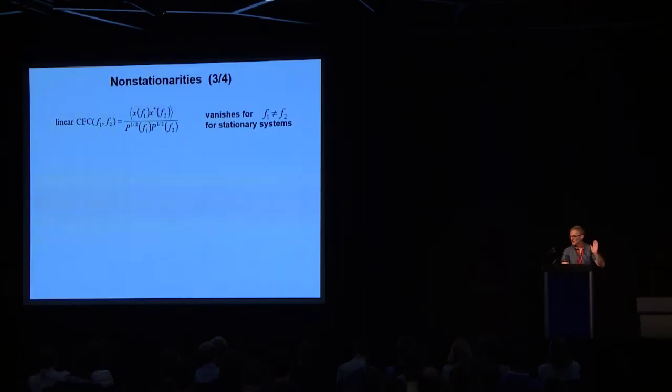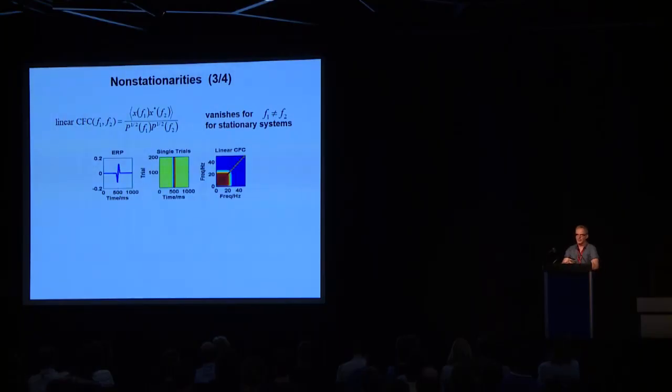This is similar to coherence, but this is not coherence. In coherence, F1 would always be equal to F2, and there we would have a value X and a value Y. Anyway, this is a cross-frequency coupling.